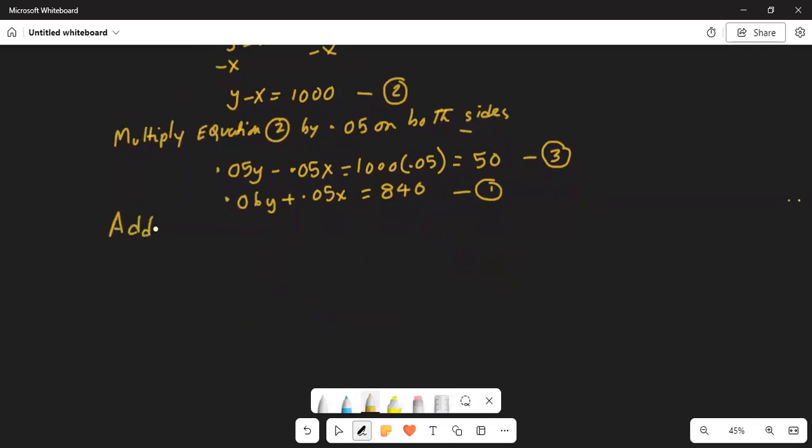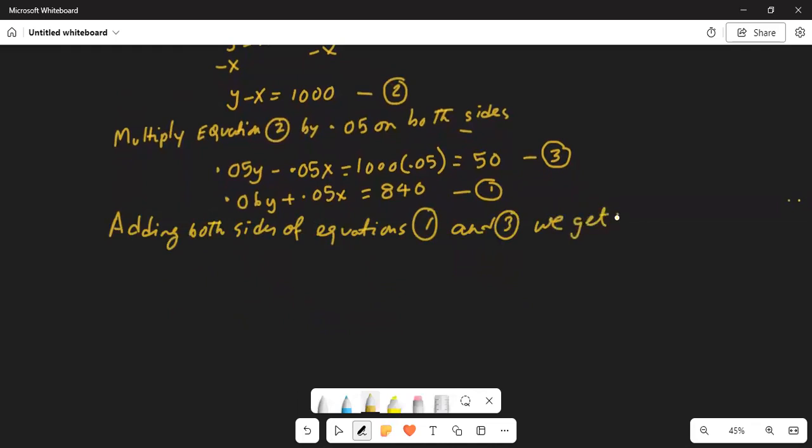adding both sides of equations 1 and 3, we get 0.05Y minus 0.05X plus 0.06Y plus 0.05X is equal to 50 plus 840.